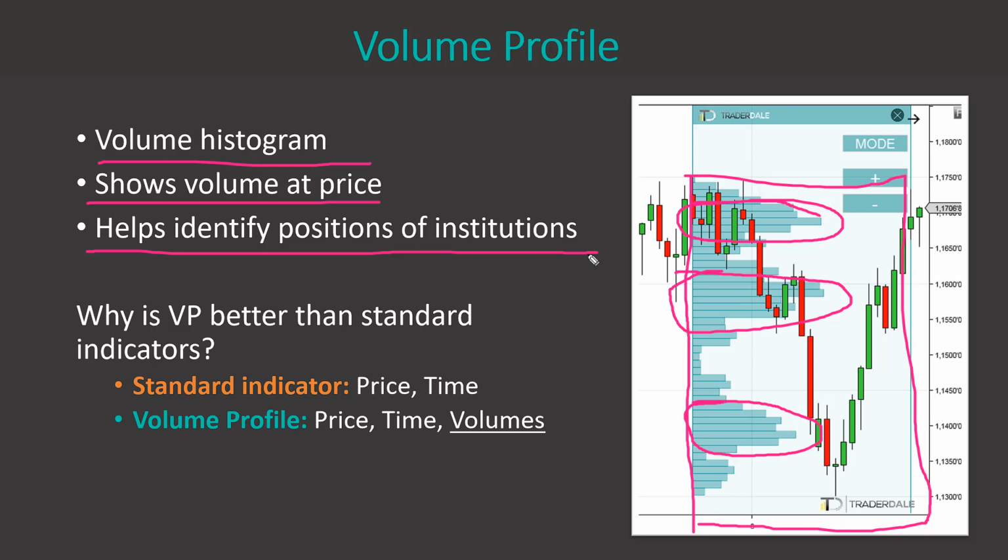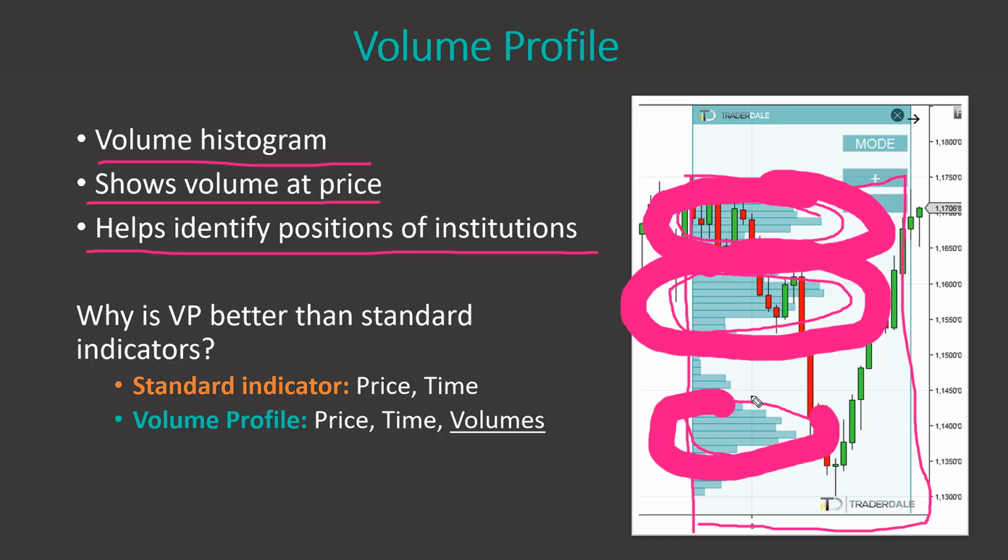So they need to place those insane amounts of money into the market, and through volume profile you can see those areas where those guys placed those massive trades. So volume profile shows you the price levels where the big guys were trading.